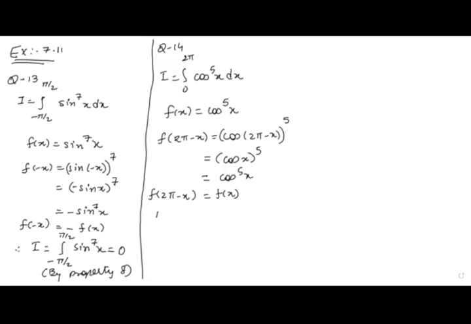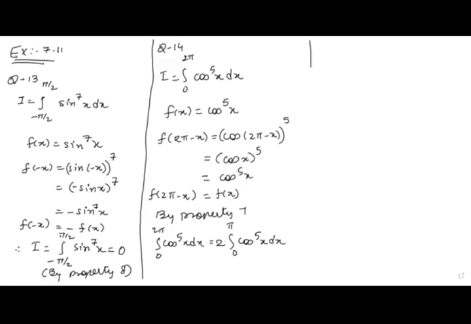So by property 7, I can write the integration from 0 to 2 pi of cos raised to 5 x dx as 2 times the integration from 0 to pi of cos raised to 5 x dx.